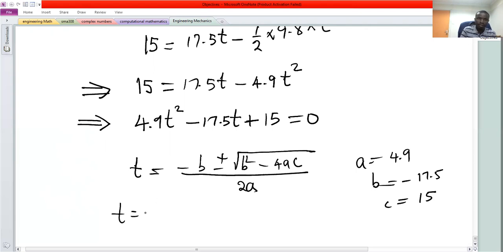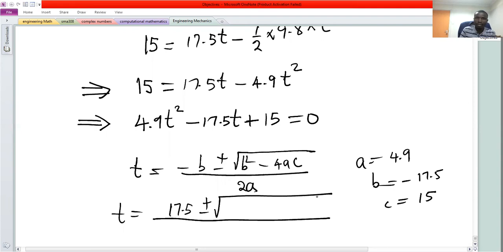So t will be, minus b is positive 17.5, plus or minus the square root of minus 17.5 squared, which is 306.25, minus 4 times a, which is 4.9, times c, which is 15, which is 294, divided by 2a, that's 9.8.